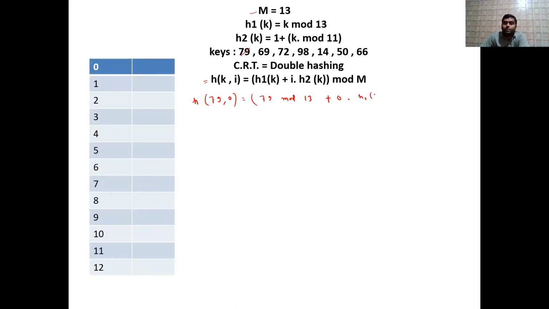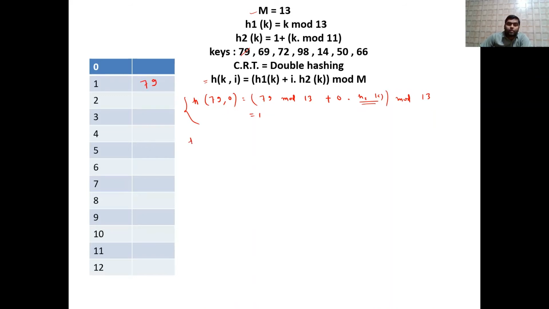This will be 0 in this case, because it is multiplied, and finally we mod with m, which is 13. Now observe 79 mod 13: 13 times 5 is 65, 13 times 6 is 78, so the remainder is 1, and 1 plus 0 is 1, and mod 13 is 1. So 1 space is available. Of course, 79 will be stored at the first place.